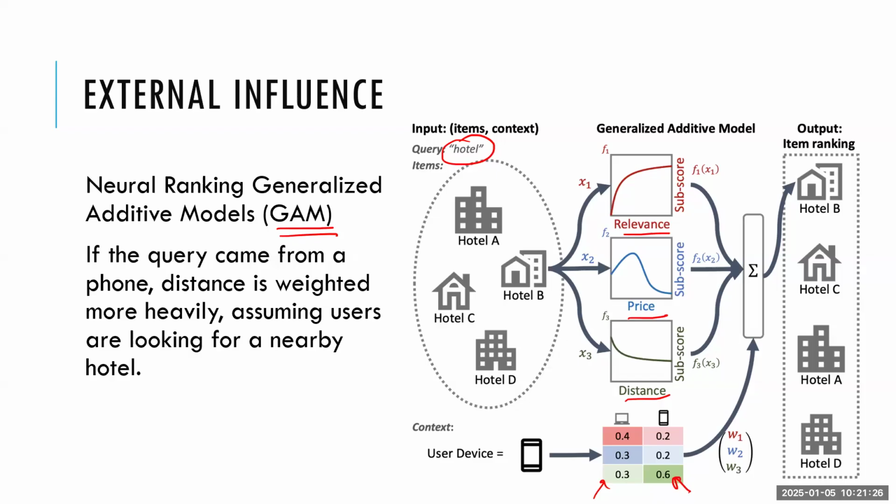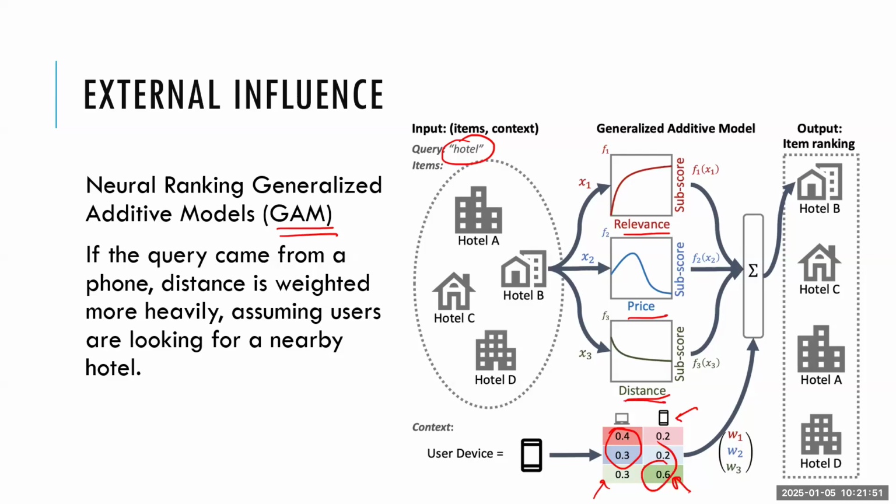So the weight for the price and the relevance is very high, right? But when you use a mobile phone, it may be that you are outside. You want to find a place to stay right away. So they just put more weight on the distance metric.